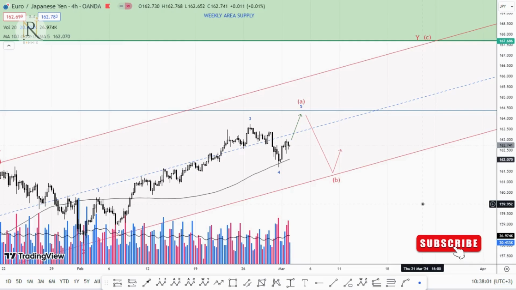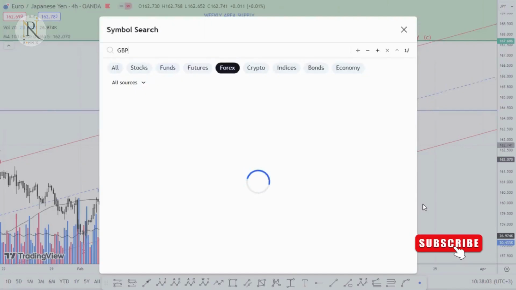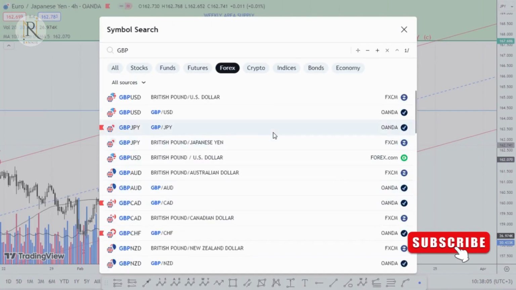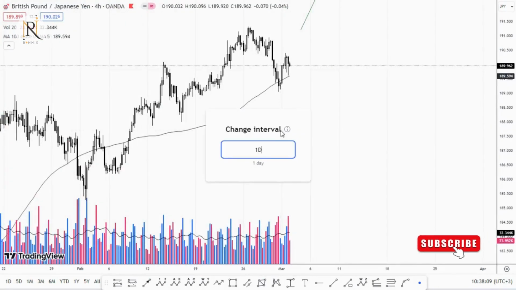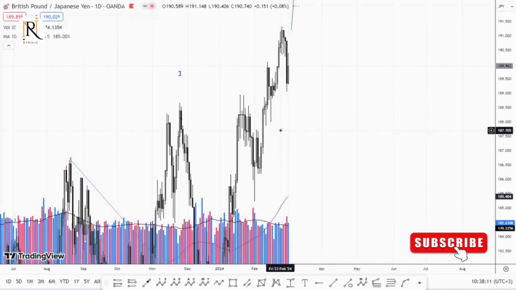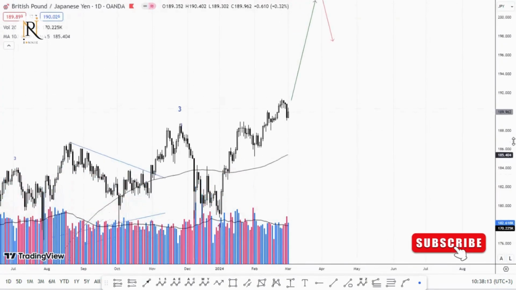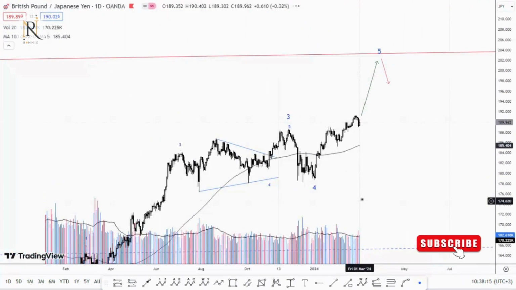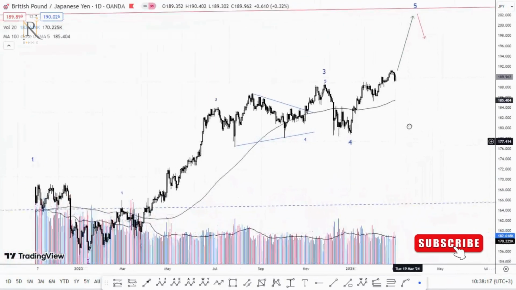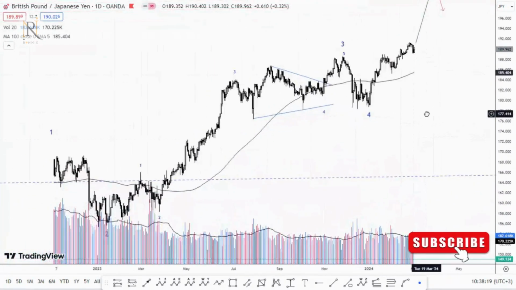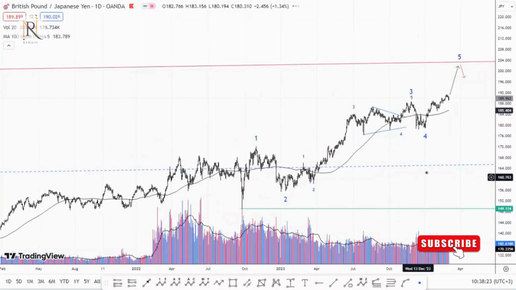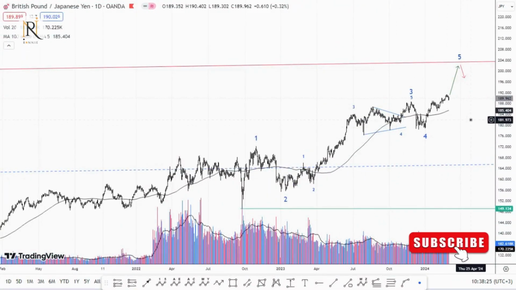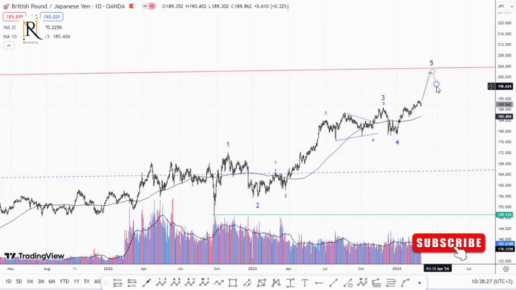And if we look at GBP JPY in terms of a daily time frame, the same reasoning applies, but we still should be expecting some long positions to the extreme.